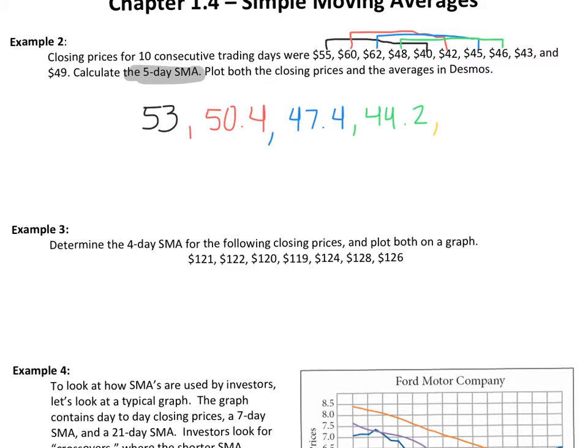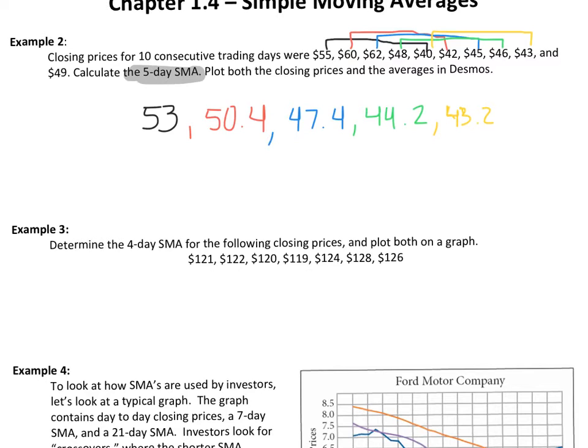Now I'll start with 40 and go to 43: 40 plus 42 plus 45 plus 46 plus 43, divided by 5, is 43.2.